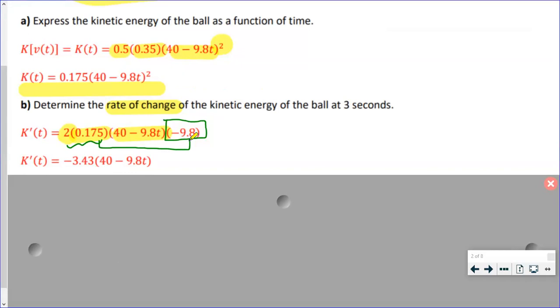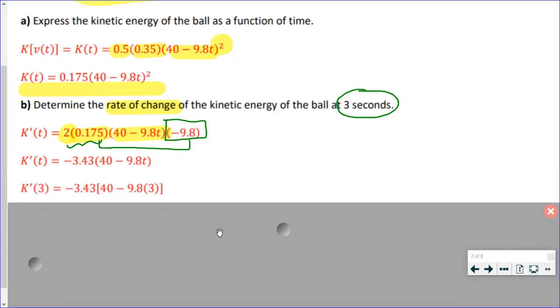Now remember, the question was asking us to determine the rate of change of the kinetic energy of the ball at 3 seconds. So I'm just simply going to plug in 3 wherever I see t into the formula.